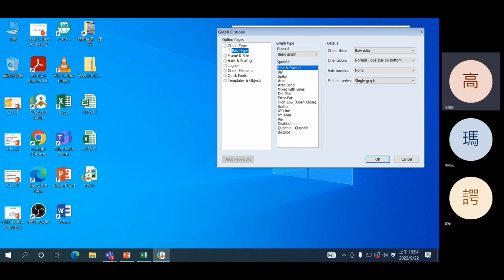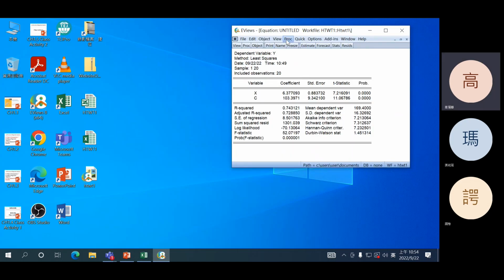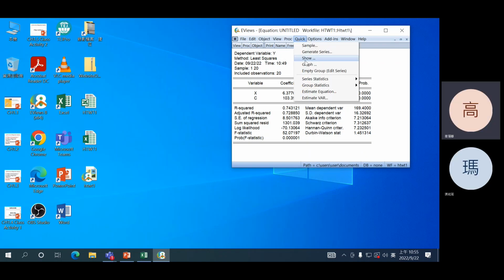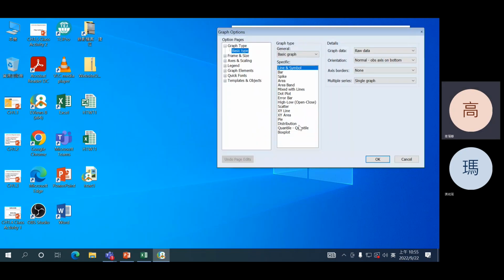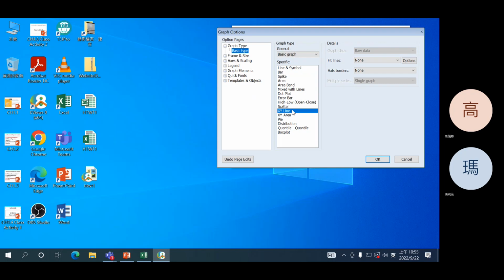Okay, if you want to see the graph, I can use the quick function at the top. I can use Quick and choose Graph. Did you see that? Graph, Y and X. Then what kind of graph do I want to see? Usually for regression analysis it is called a scatter diagram. Scatter. No, this is called XY line. Am I wrong?